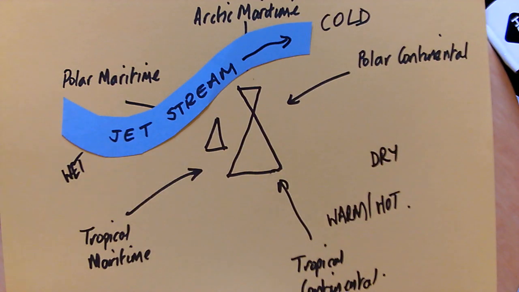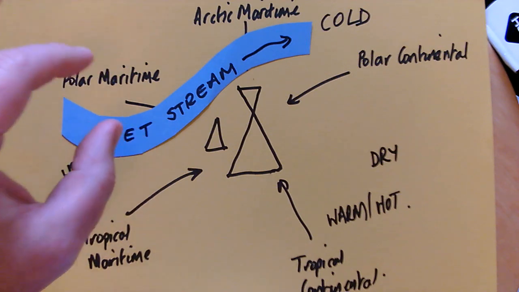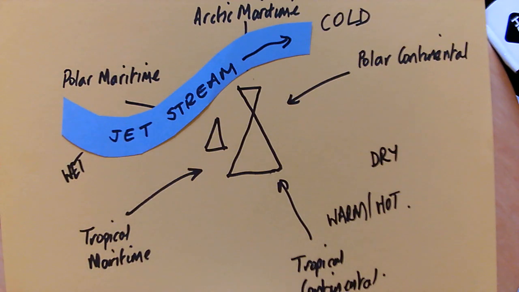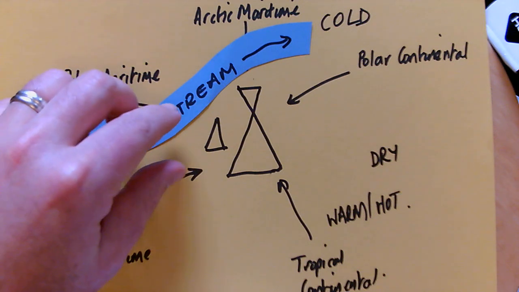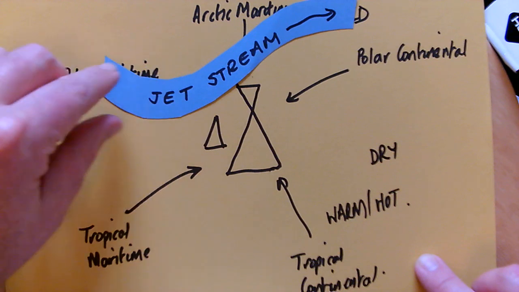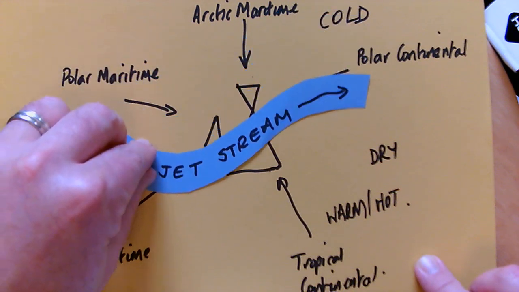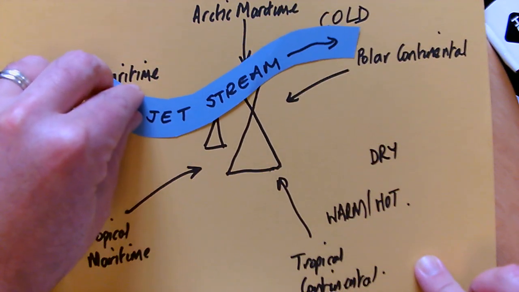Its movements, and again this is as complex as we need to get, the movements within the jet stream, 5 to 7 miles up in the air, affect the surface weather. Okay, and we will talk about the fact that the jet stream can move south and it can move north.